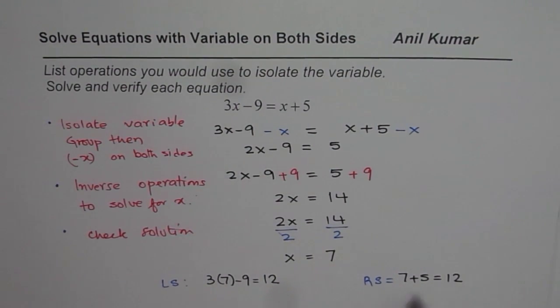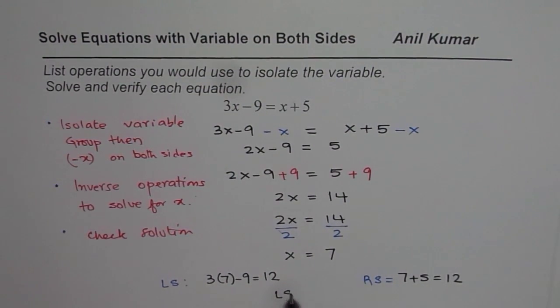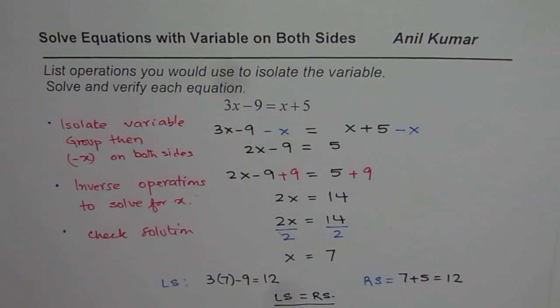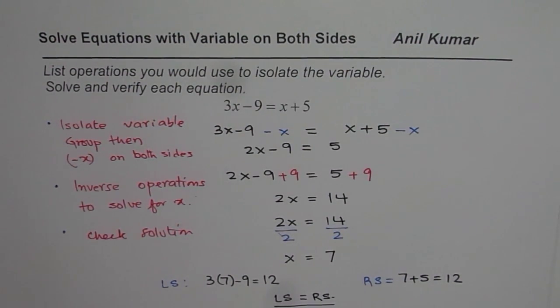Since both are the same, we say the left side is equal to the right side, and therefore we have the correct solution. So I hope with this you learned all the steps which are involved in solving linear equations with variables on both the sides.